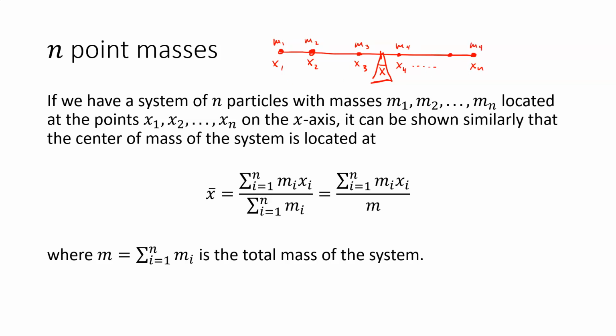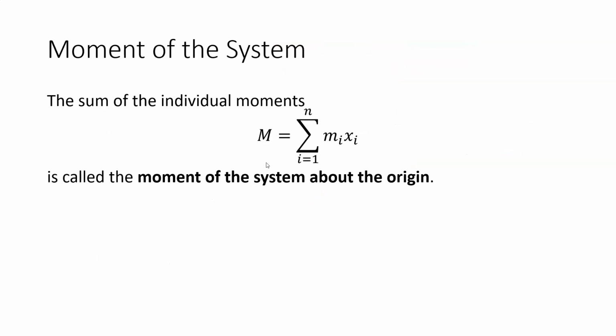So multiplying the mass times its coordinate, these are called moments. So mi xi is called the moment. And then we sum up all the moments, and divide by the total mass, the sum of all the masses, essentially extending on the formula that we showed in the previous slide.